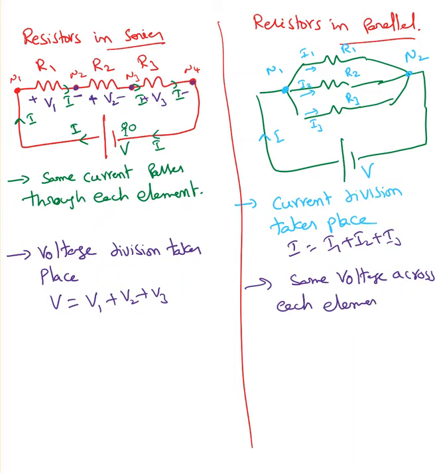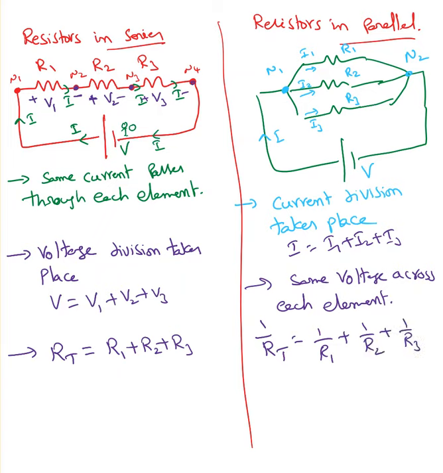So these two are really important points you need to remember. Now the next one is R total. What is the total resistance when they're in series? R total is a direct addition, R1 plus R2 plus R3. Here in parallel, 1 over R total equals 1 over R1 plus 1 over R2 plus 1 over R3.